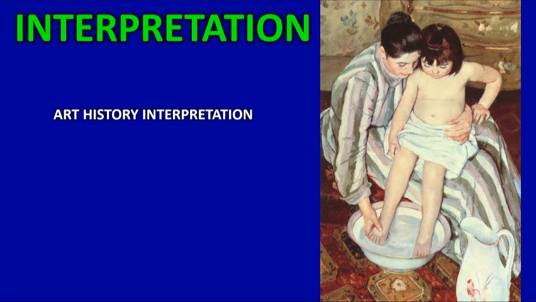You can see those impressionist-type brushstrokes in the background and on the floor there. I can also talk about the role of women in the 1800s. Here she's taking on a very traditional role, that of the mother. I can say she's a mother because they both have a very similar look.